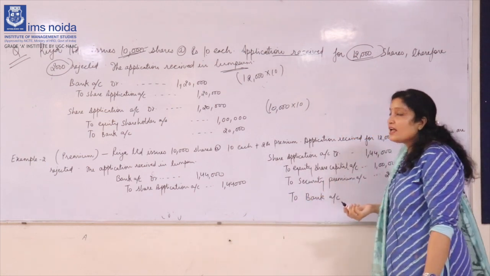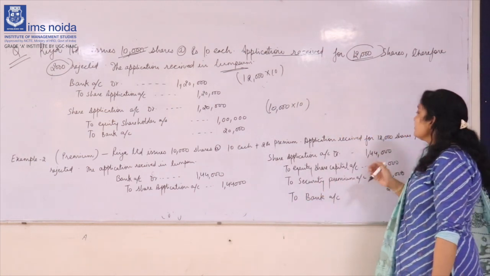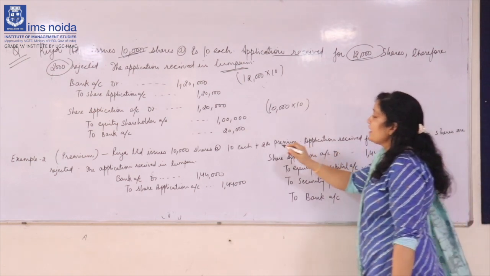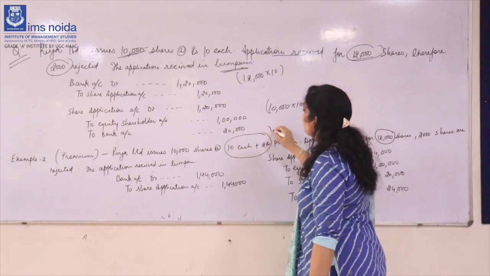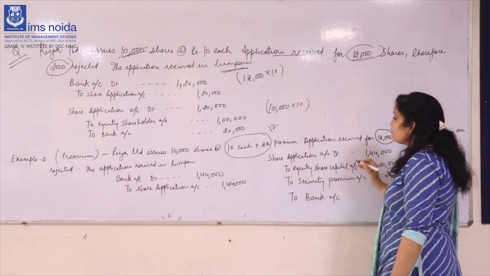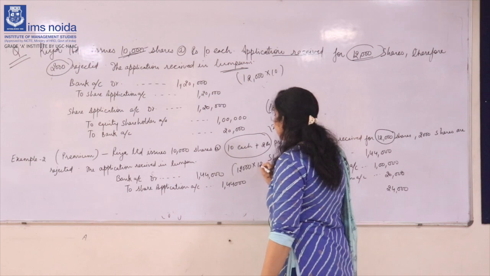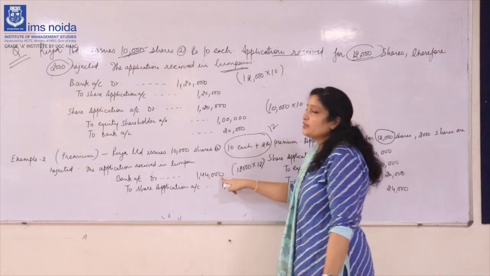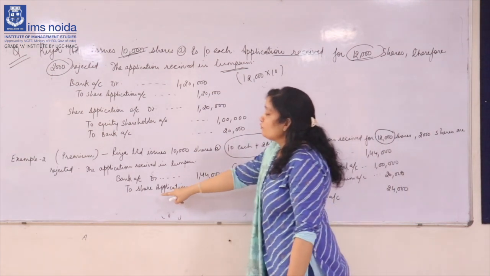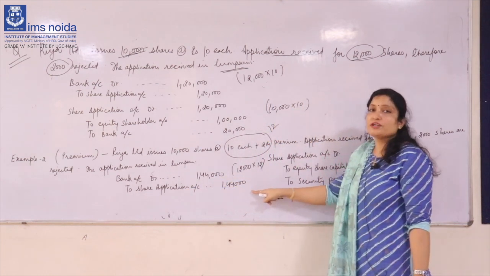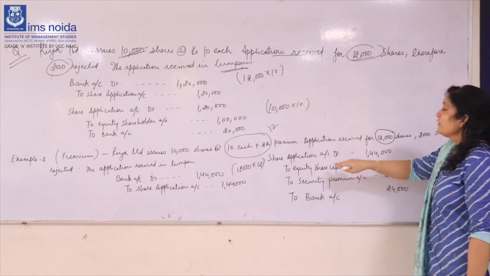So how will this 1,44,000 come? See, we have received the application of 12,000 at rupees 12. So 12,000 multiplied by 12, we will get 1,44,000. Now to share application account credit, that is 1,44,000 again.